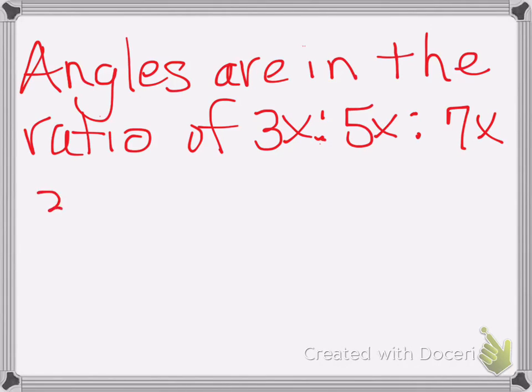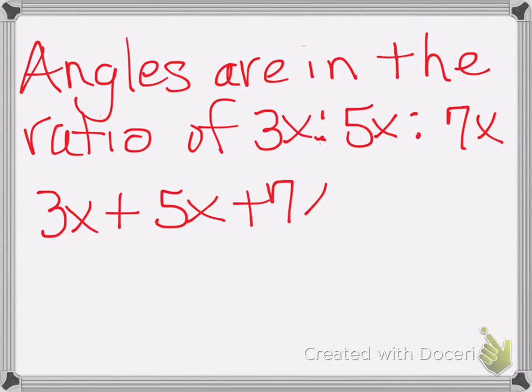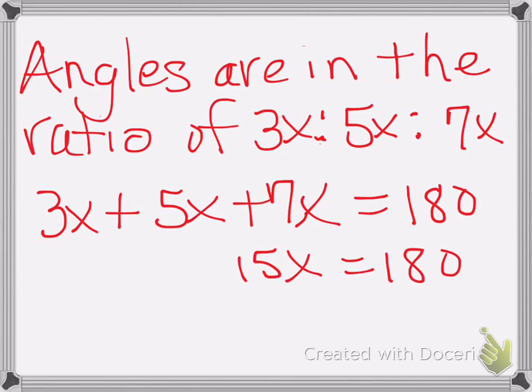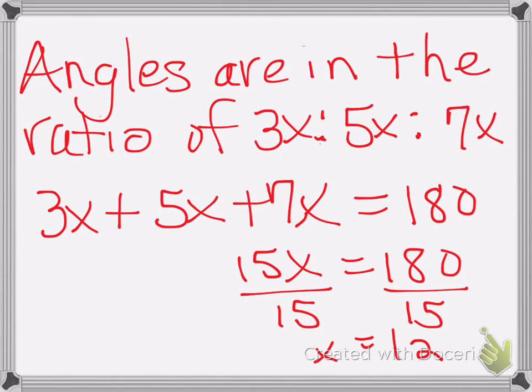So you would solve that by saying 3x plus 5x plus 7x, and three angles of a triangle always equal 180. 3x plus 5x plus 7x gives us 15x equals 180. Now divide by 15. So x equals 12. But we're not through because we have to multiply each of the angles by x.